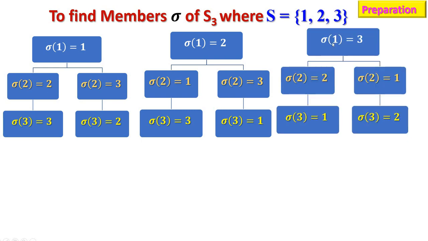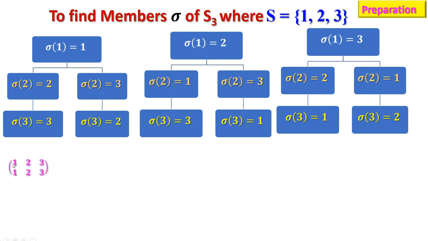Now suppose sigma takes 1 to 3. In this case, sigma of 2, that is the image of 2 under sigma, can be either 2 or 1. If 1 is taken to 3, 2 is taken to 2, then 3 has to be taken to 1. And if 1 is taken to 3 by sigma, 2 is taken to 1 by sigma, therefore 3 has to be taken to 2 by sigma.